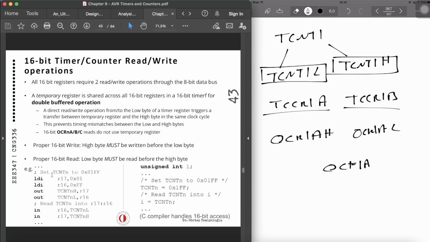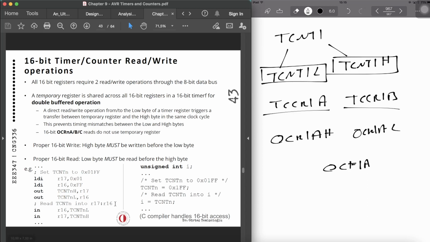Okay, so an example is given over here, as you can see. Set TCNTN to 01FF, then load 01 into R17 and FF into R16. The high byte must be written first, so 01 is written, and then the low byte, R16, is written to TCNTN-L.